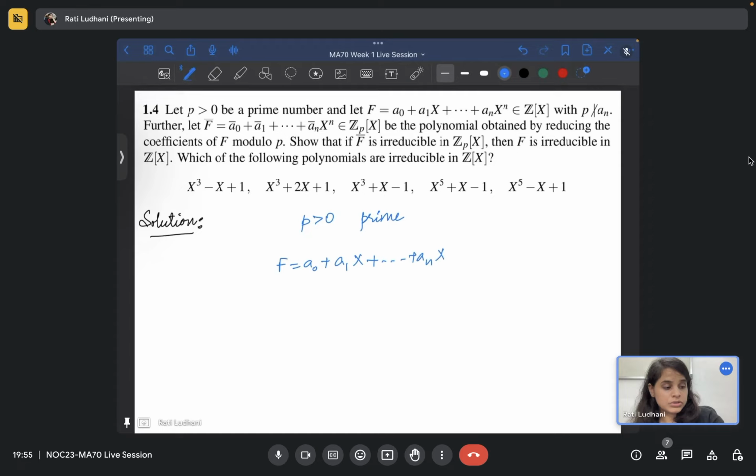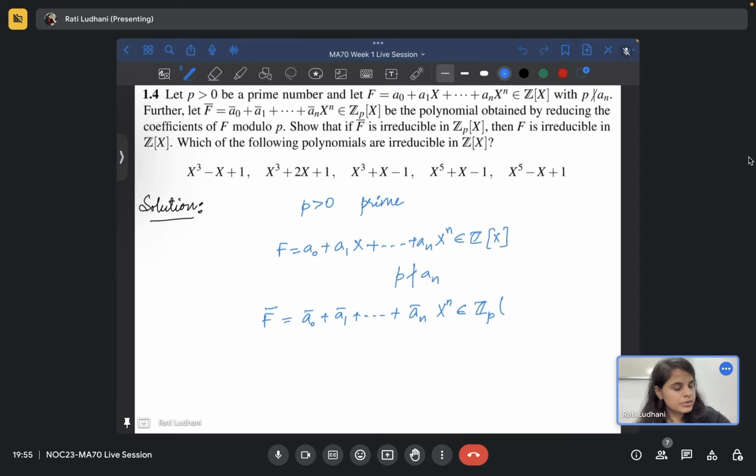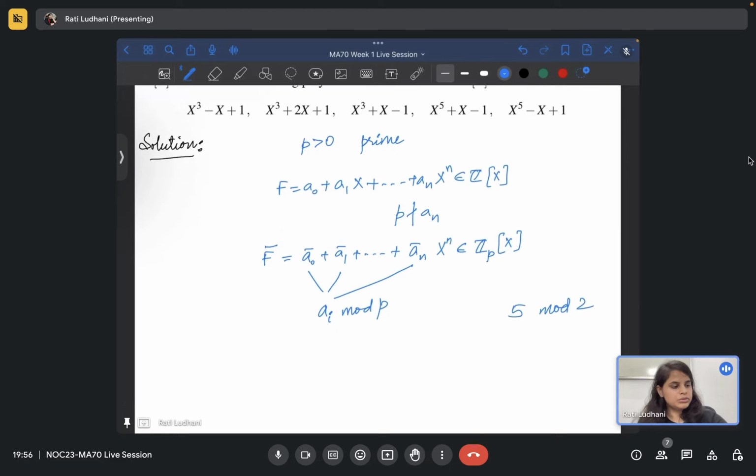You take f bar, which is a0 bar plus a1 bar x up to a_n bar x raised to the power n. This belongs to Z_p[x], where these a_i bars are a_i modulo p. For example, if you have 5 and p is 2, you get just 1.